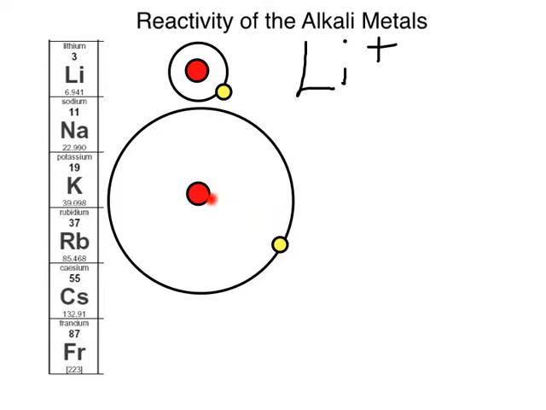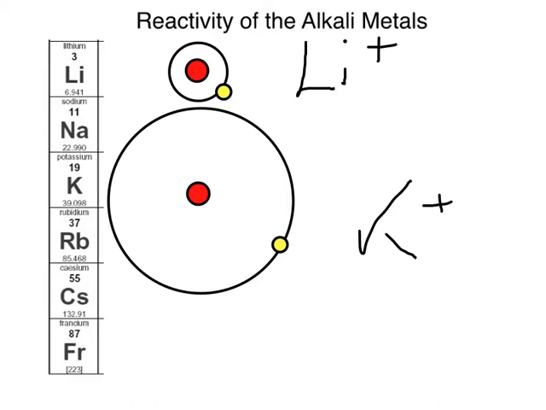So the forces of attraction between this one and this one are a lot weaker because of that further distance away. So the outer electron will form a K plus ion very, very quickly.